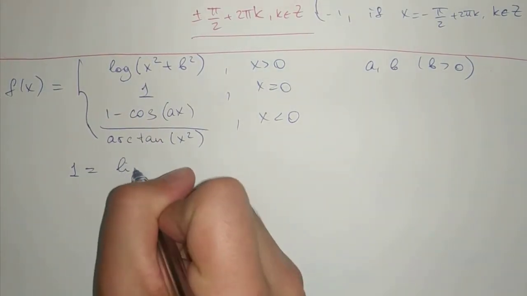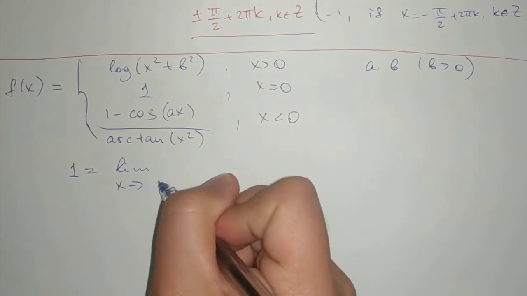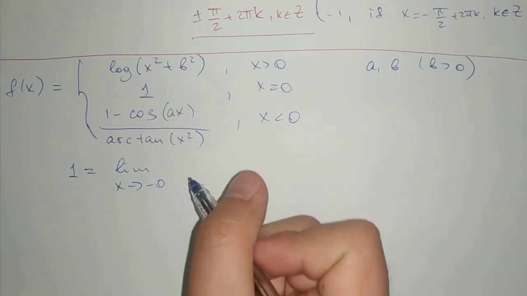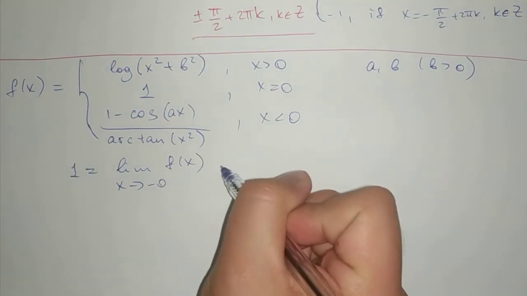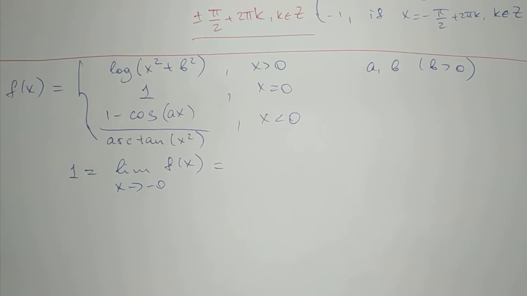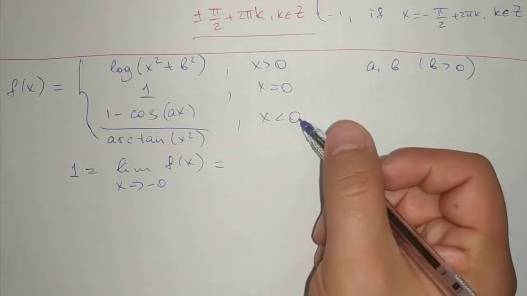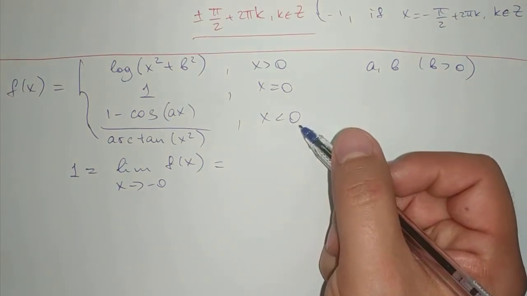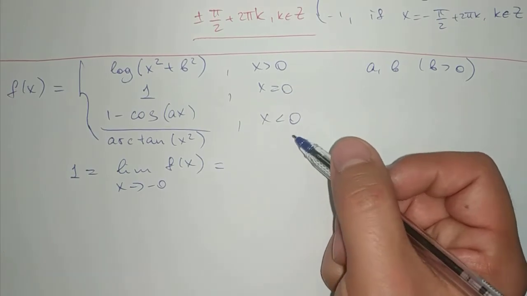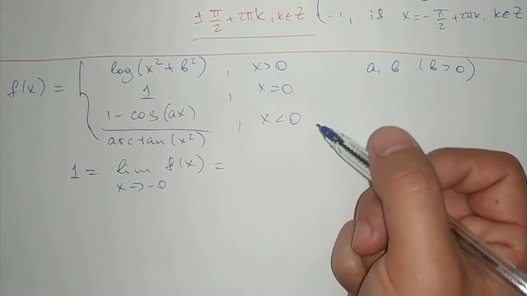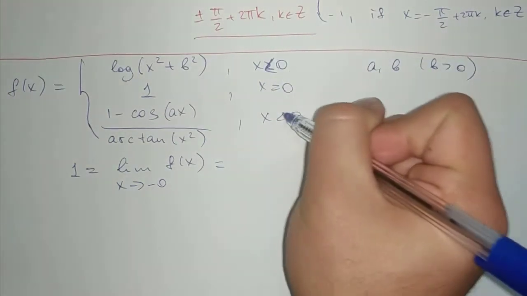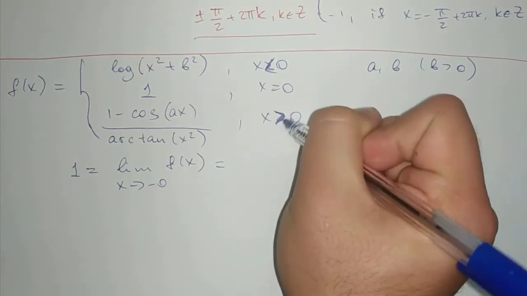the left side limit. Limit as x tends to minus 0 of f of x. This is the left side, where x is less than 0, and this is greater than 0.